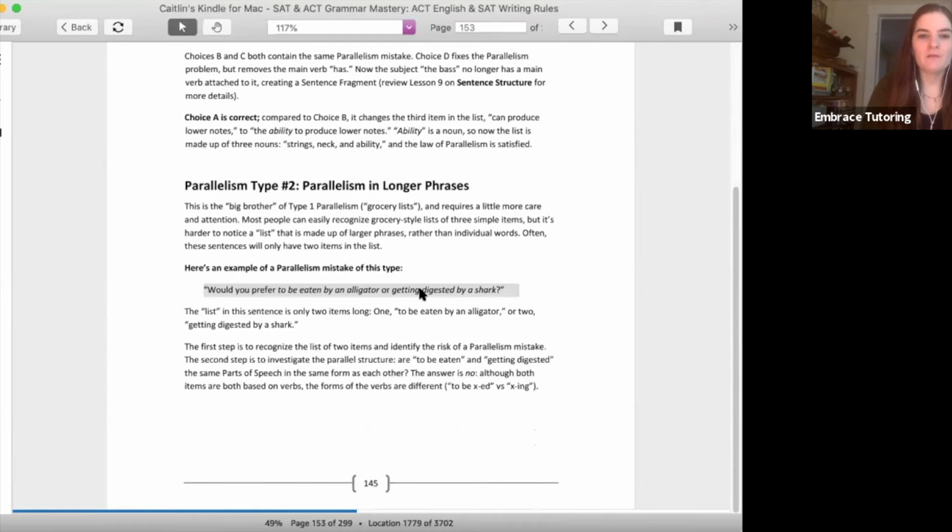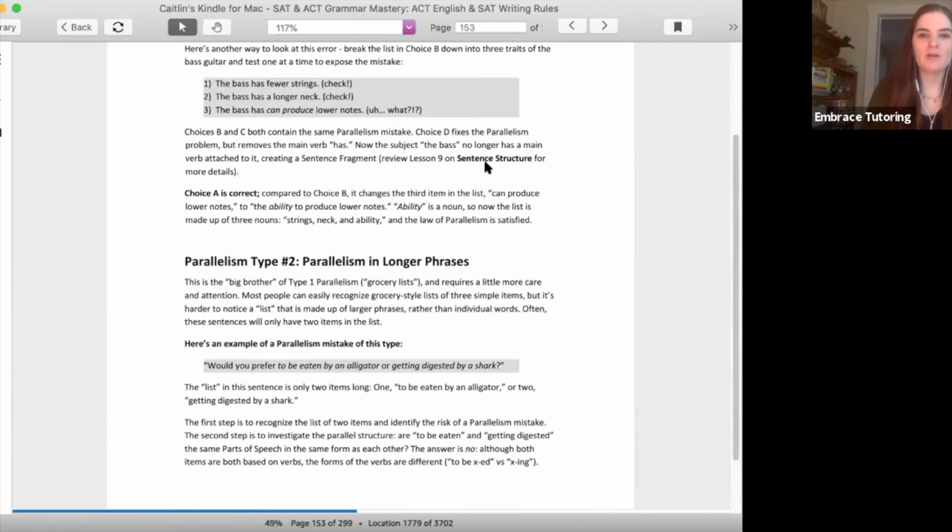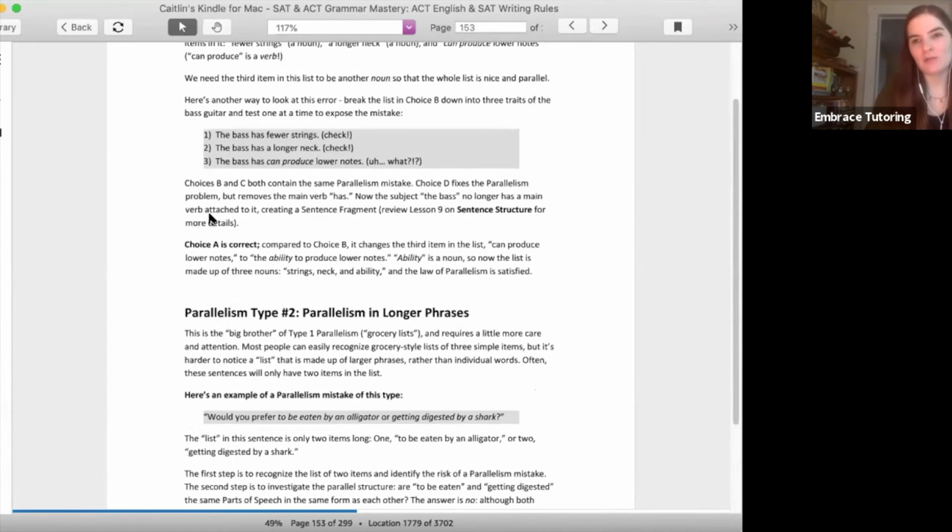The other situation is where you can fall into the category of having flaws with sentence structure. If you're dealing with a sentence fragment, that can also happen with this.